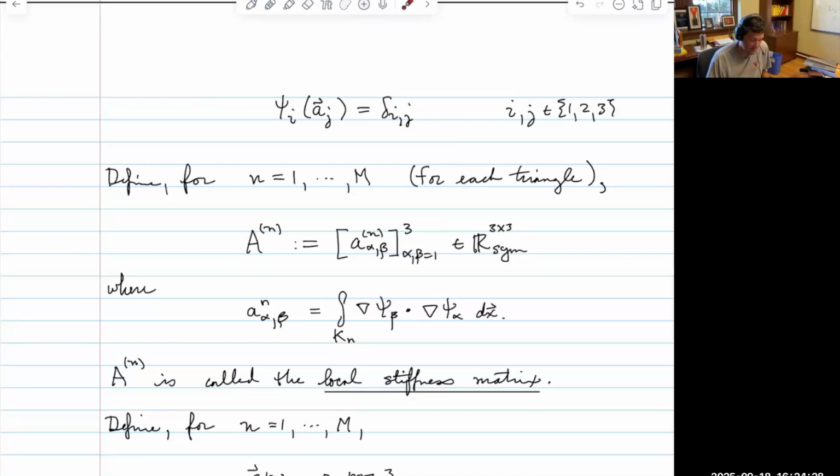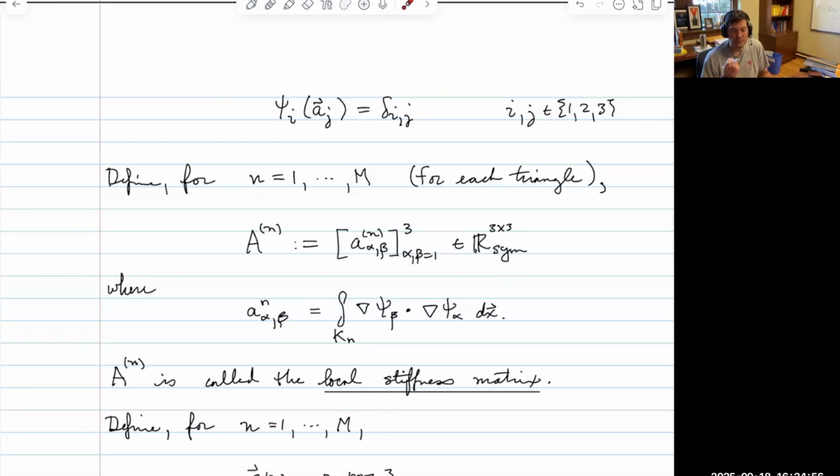It's going to be a little 3 by 3 matrix, and it's going to be symmetric because we're interested in solving the model problem, and the model problem has this bilinear form associated to it. So for the triangle number n, we define a local stiffness matrix, and I'm just using the index n for the triangles.